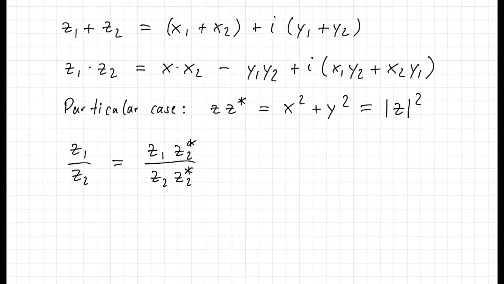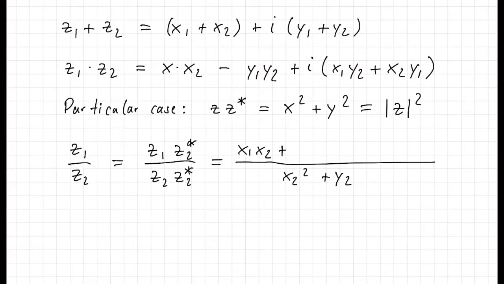And if we just multiply that out, then we see that the expression that we get, so the denominator, is simply x2 squared plus y2 squared, so just a real number. And in the numerator, we get x1 x2 plus y1 y2.